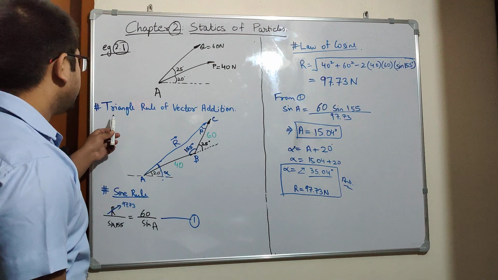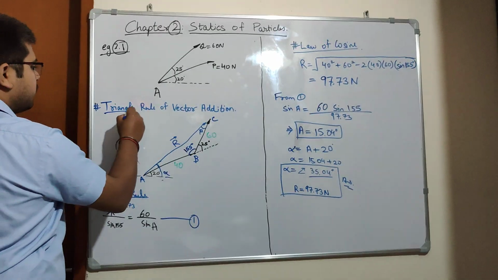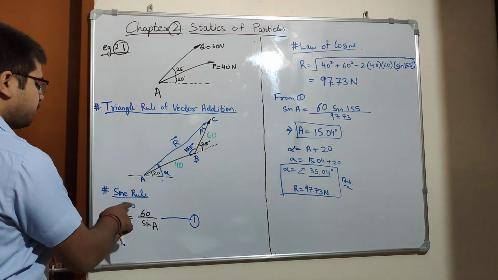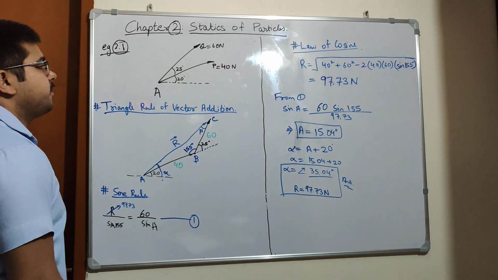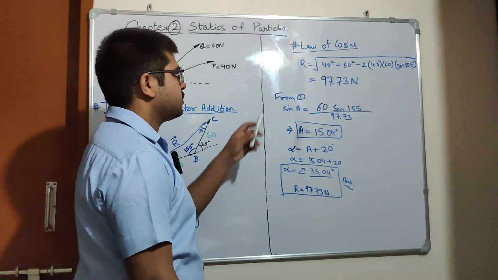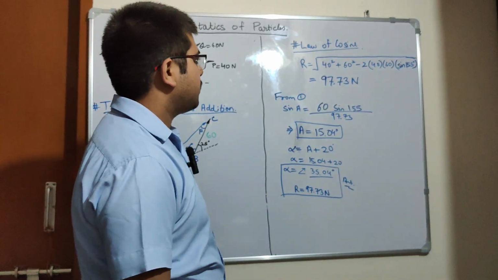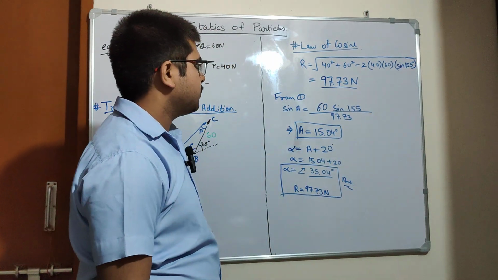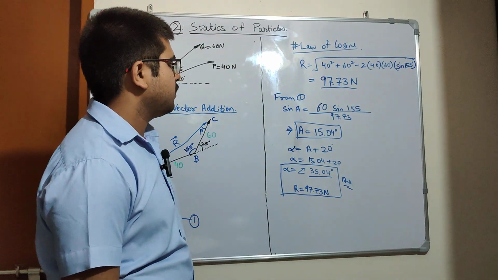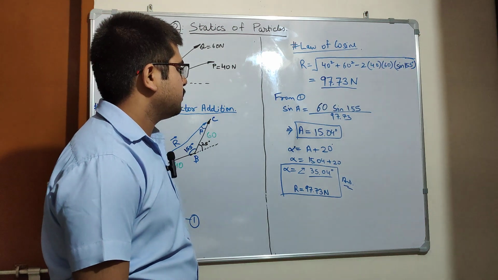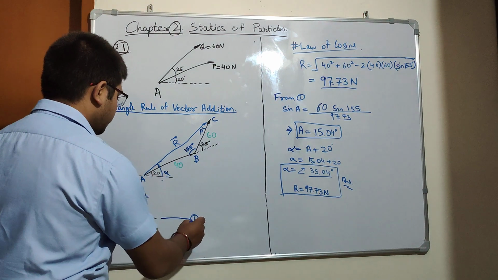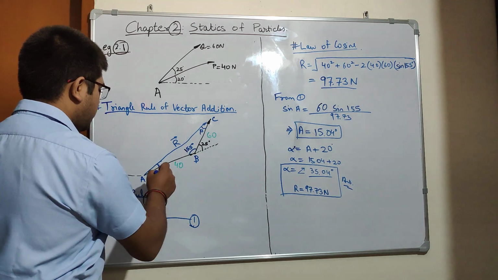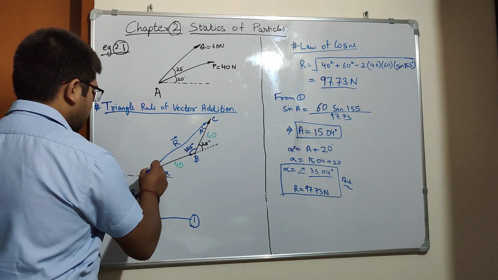First we applied the triangle rule of vector addition, then we applied sine rule, then we applied law of cosines and got 97.73 Newton as the magnitude of the vector. Then from equation 1 we got sine A, and mind you, A is this angle.